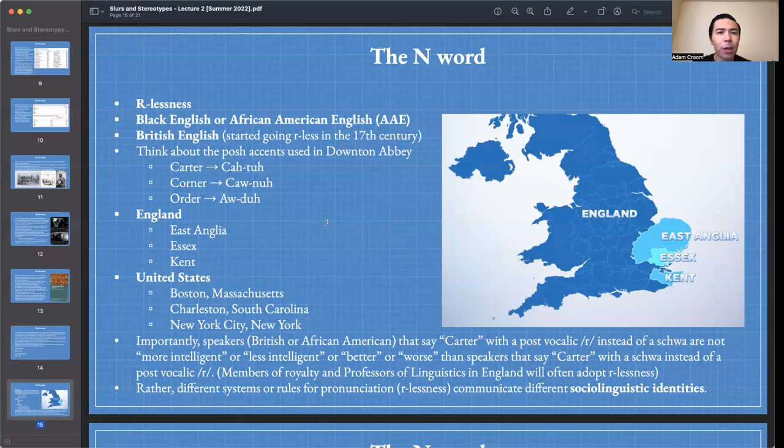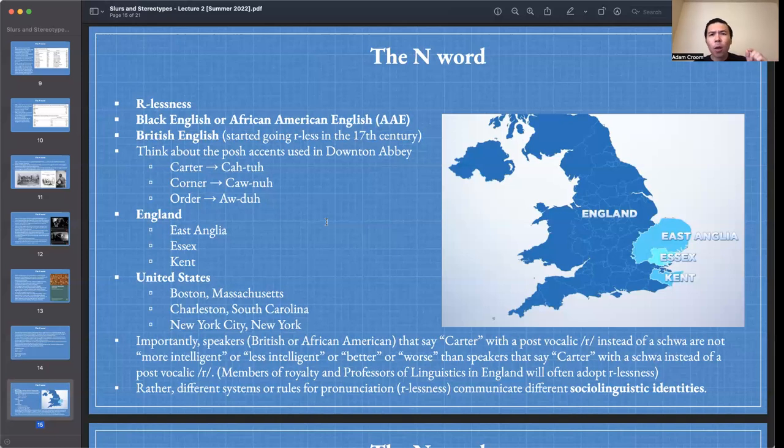And we don't assume that this is because they're lazy or they're intellectually inferior, right? Notice that the R-lessness is part of the speech of the upper class here, right? It's part of the posh accents used.